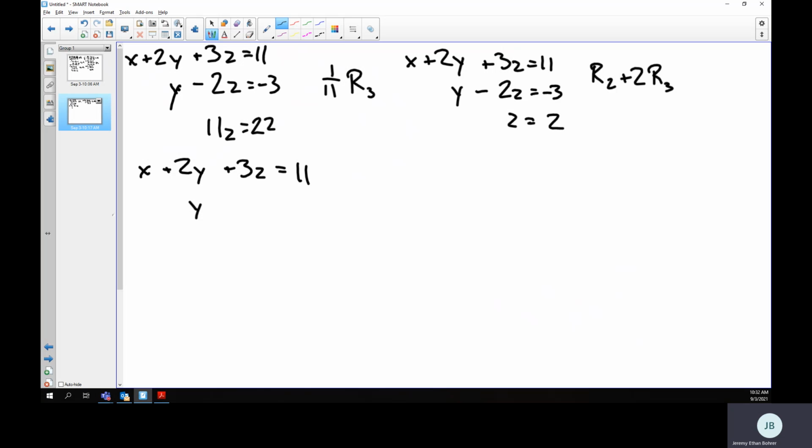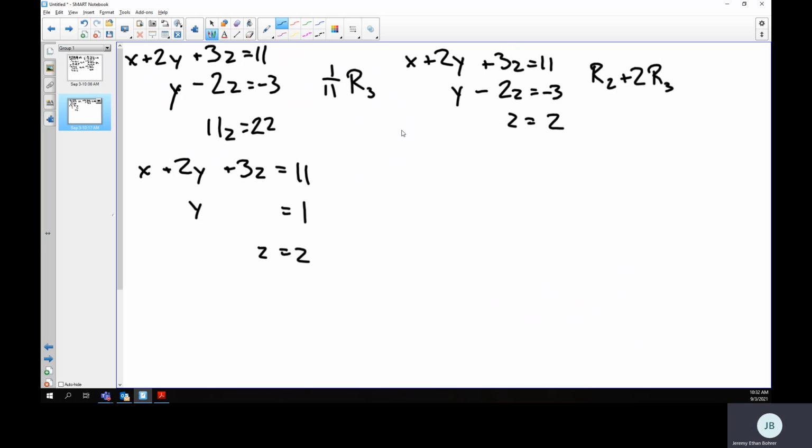So we've got our y here, but 2 times z is 2z, and we're adding that to negative 2z, so that's 0. That cancels out. And we have 2 times 2 plus negative 3. So that's 4 plus negative 3 is 1. y is 1. And z is 2.